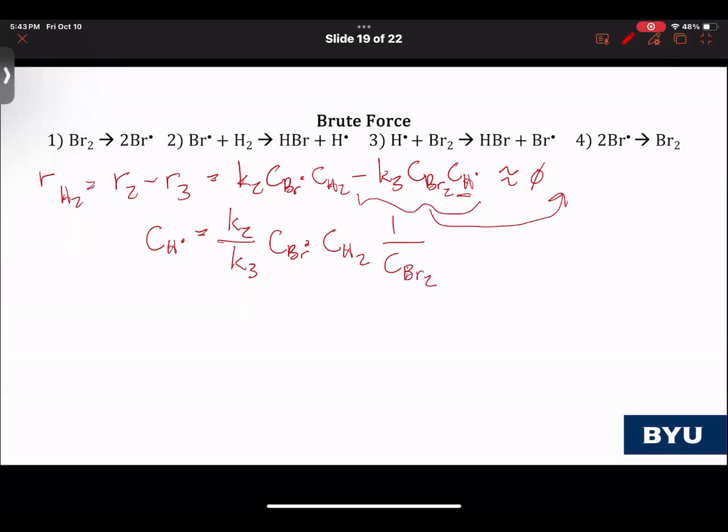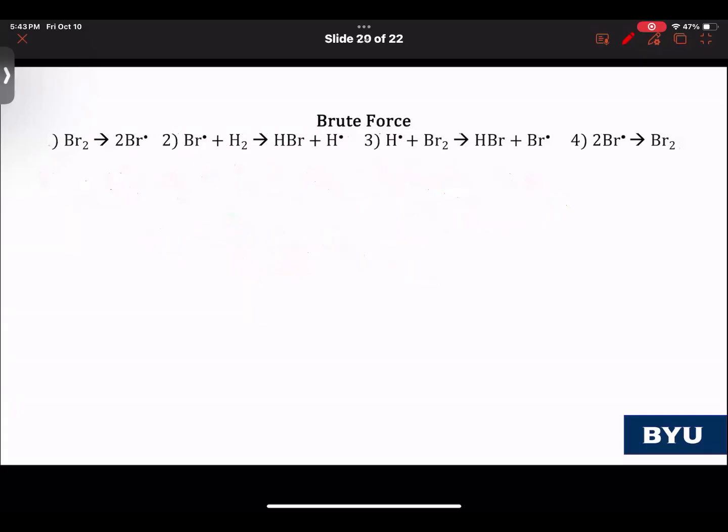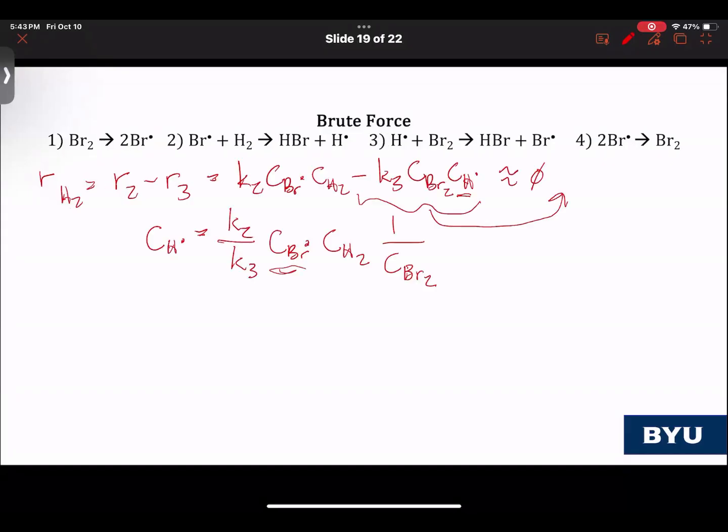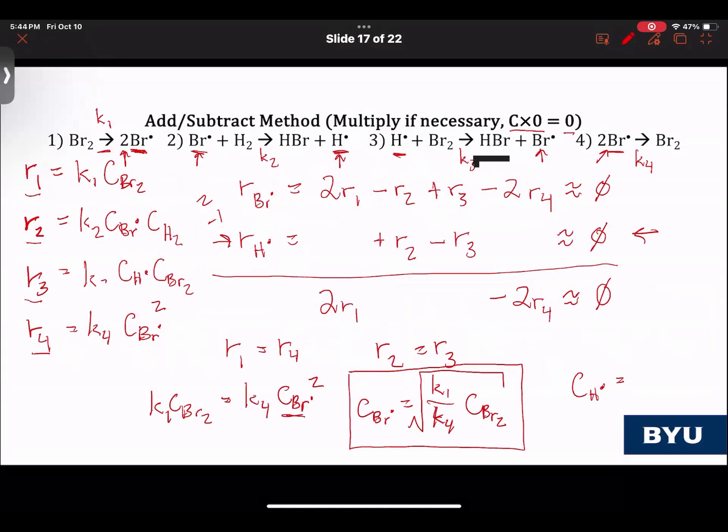And so we saw that earlier, but I still have this in here, so I've got to get rid of it. So that's where I have to use my other relationship, and I'm going to leave space here for me to come back once I have bromine. My other relationship here is going to be the concentration of my bromine radical expression, which we know is 2R1 minus R2 plus R3 minus 2R4.